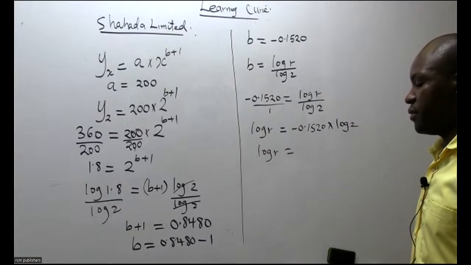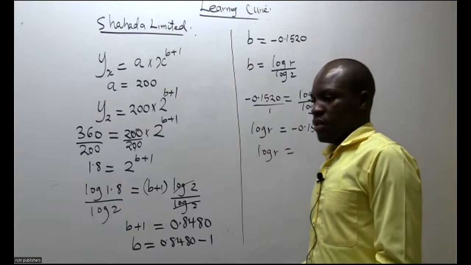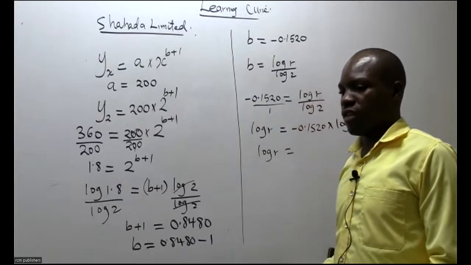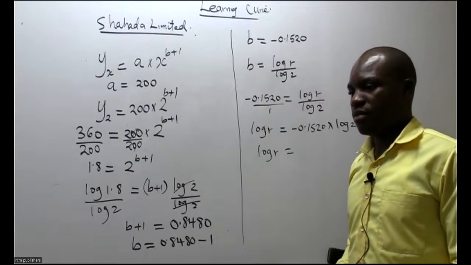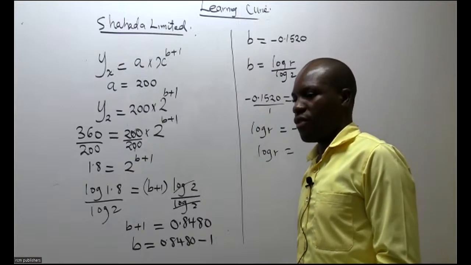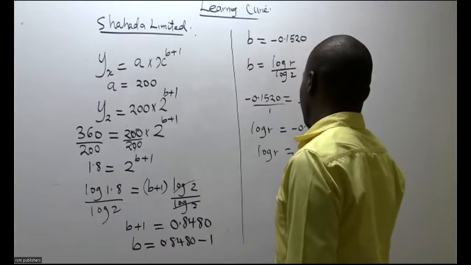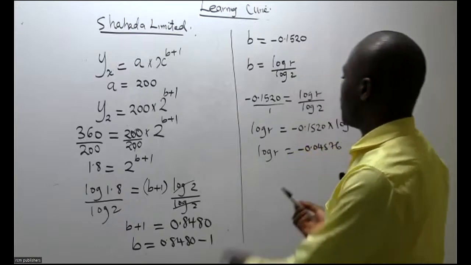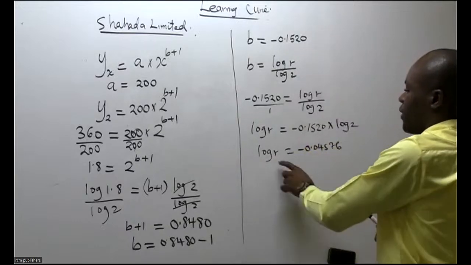What will we have? Can someone confirm? Negative 0.04576. Good. I have log R equal to this.